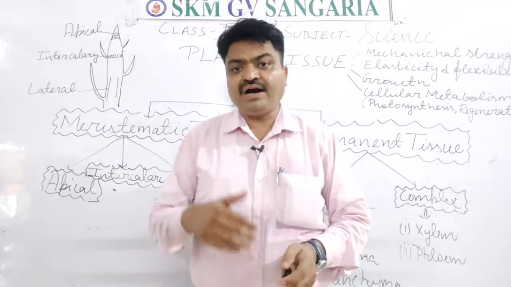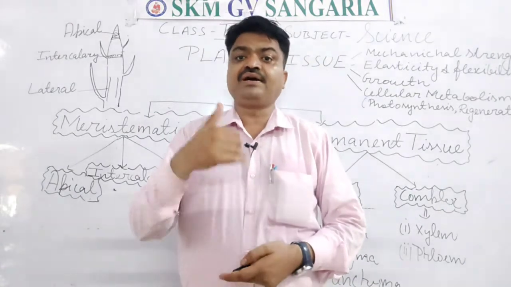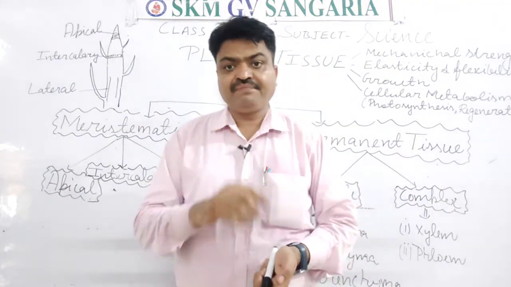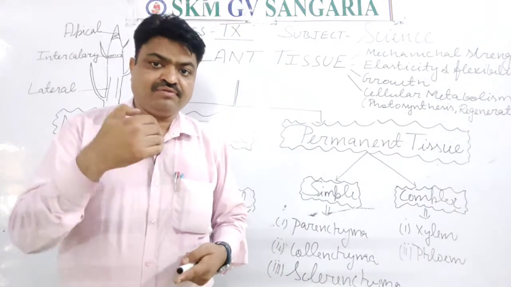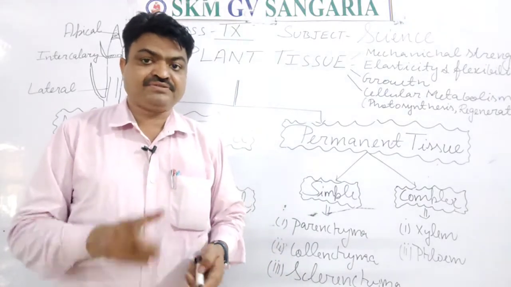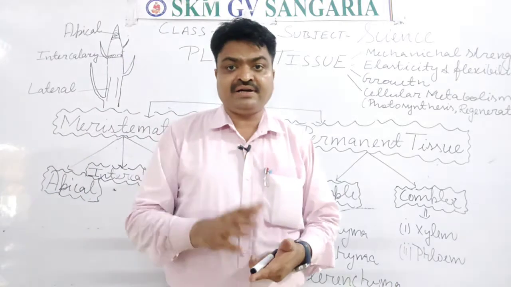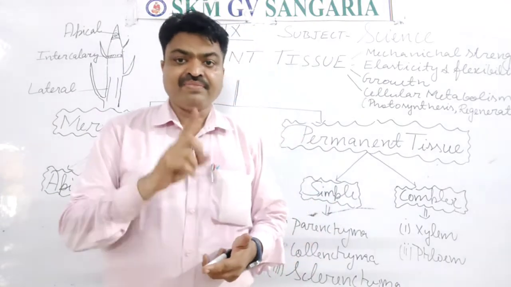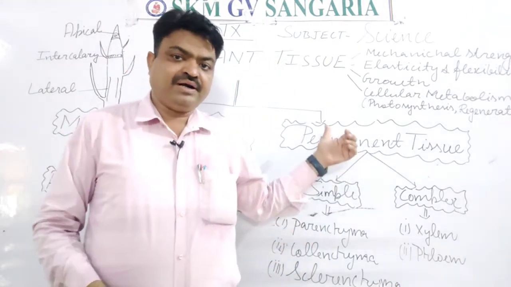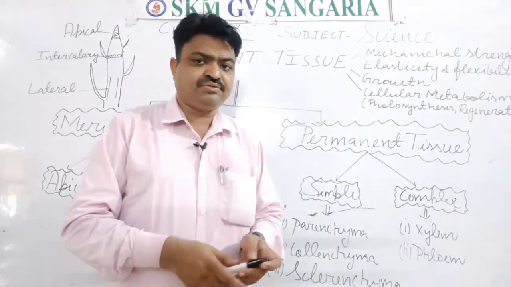With this, they also help the plants in the conduction, student. In the conduction of water and minerals, means water and minerals are conducted from one part to another with the help of plant tissue, student. And which plant tissue helps them?